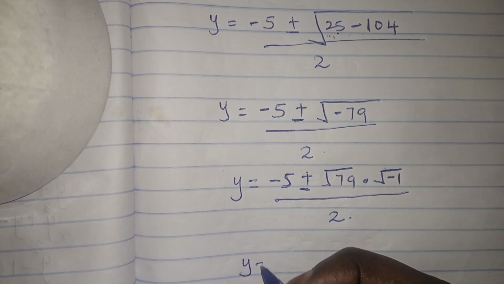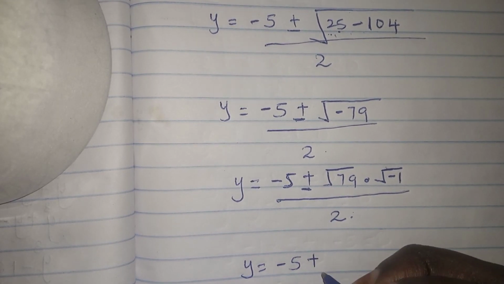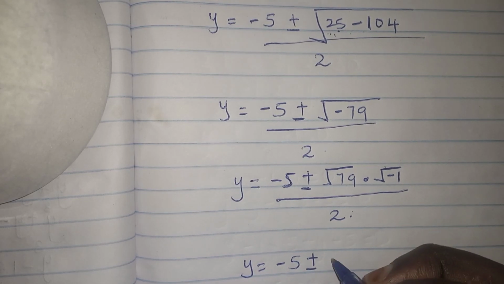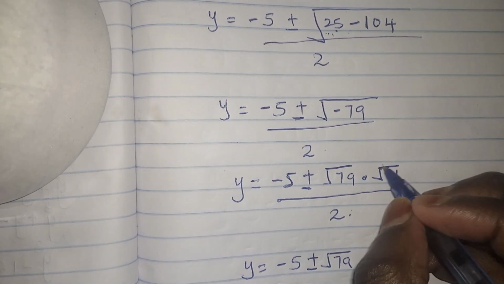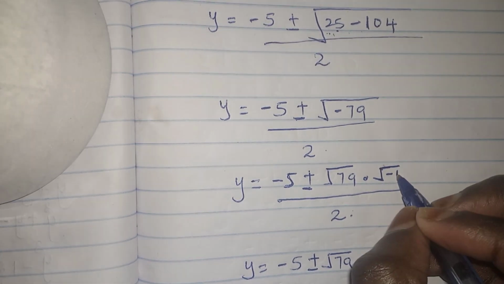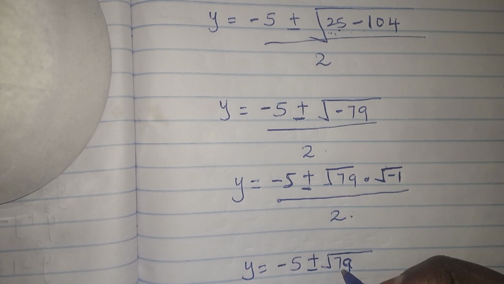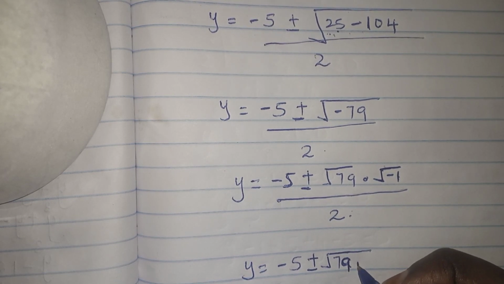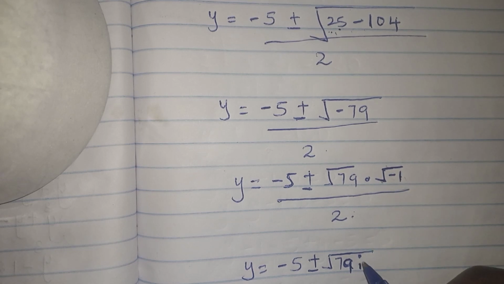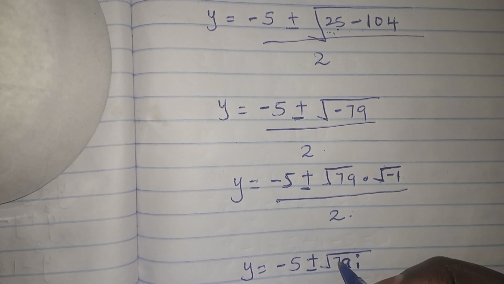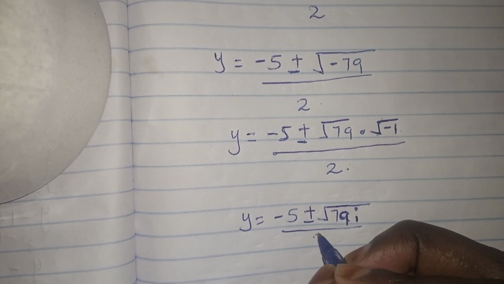The square root of negative 1 is imaginary, so we'll write the square root of 79 times i, over 2.